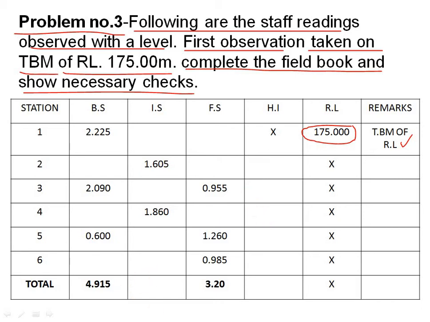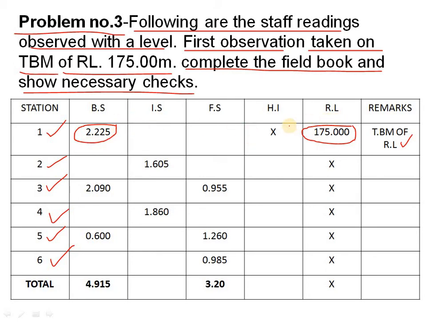If in such cases the temporary benchmark is not given, you can take any value, that is 100.000. 100 is the constant value for any ground level. Now how many station points are there? 1, 2, 3, 4, 5, 6. The first point is given as 2.225, that is the back sight.